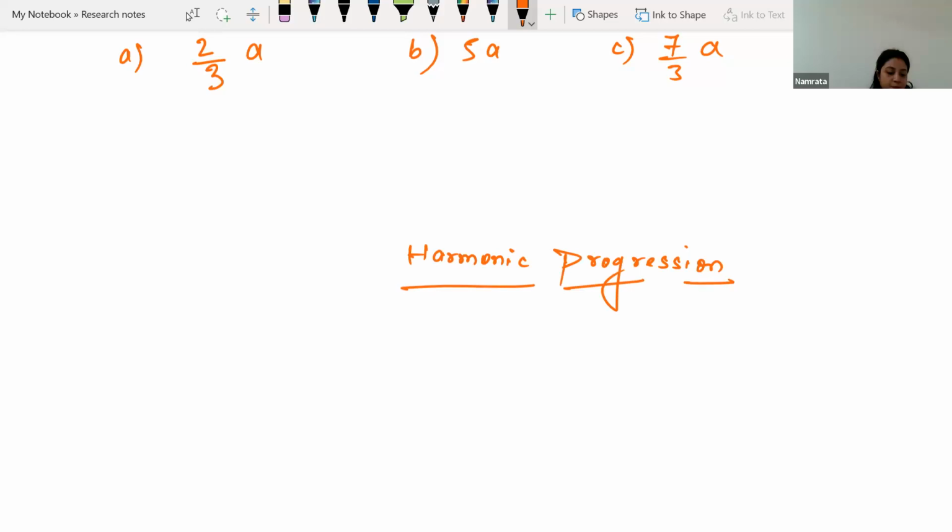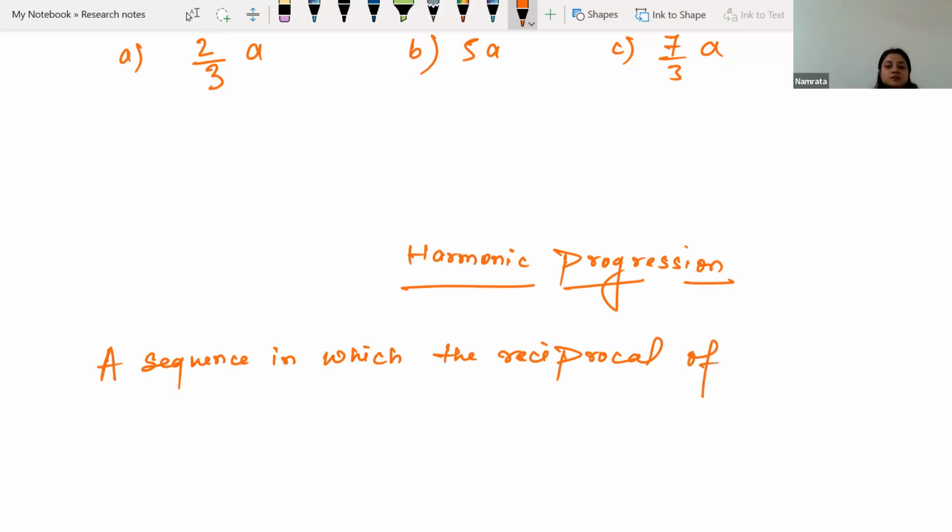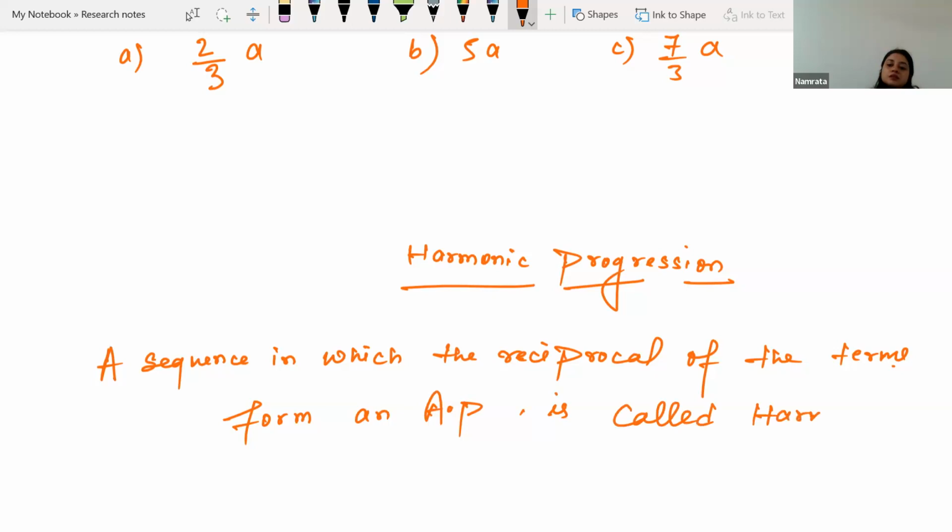Here, what the definition says: a sequence in which the reciprocals of the terms form an AP is called harmonic progression.